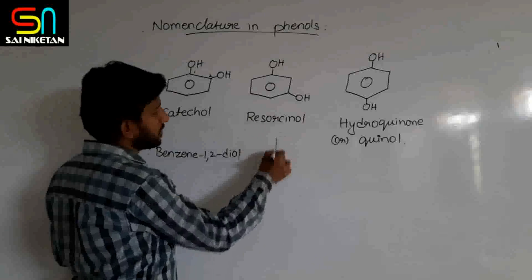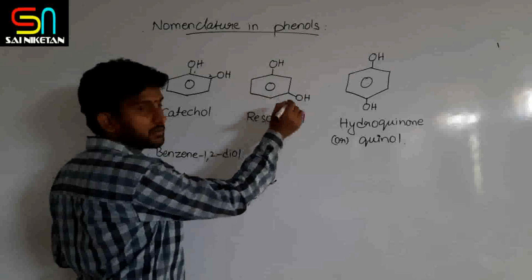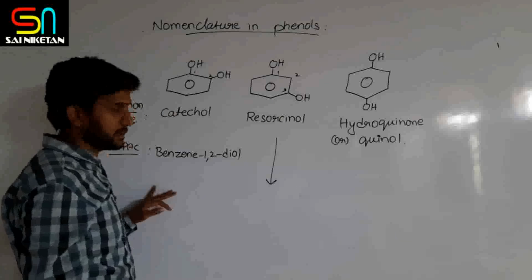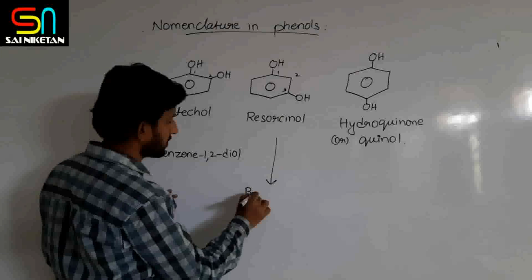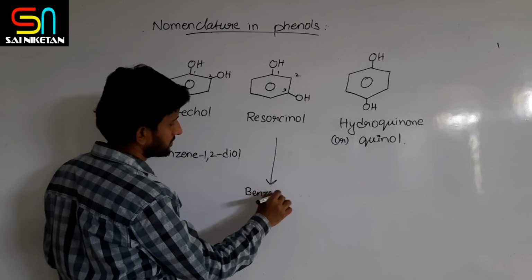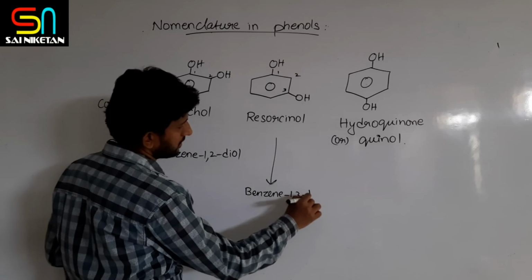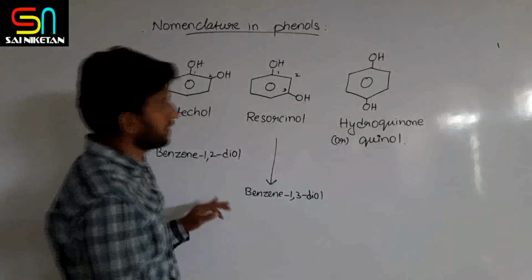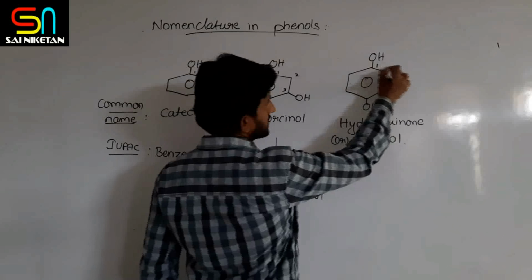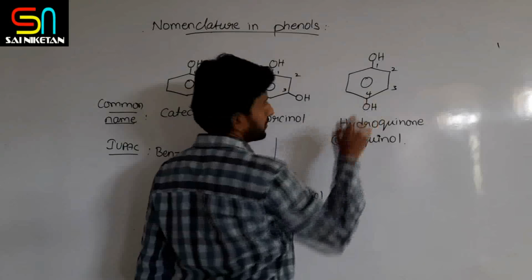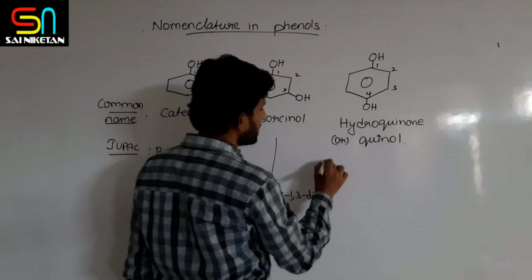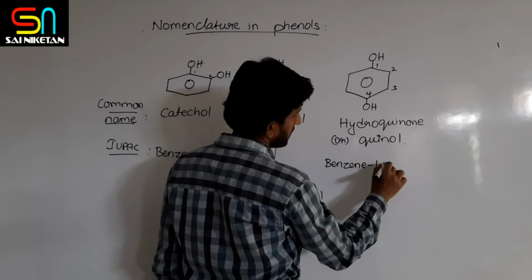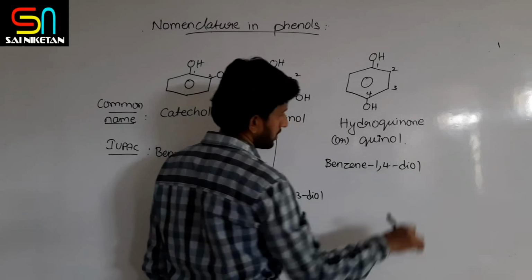Now what about this compound? Looking at its IUPAC name, this is 1, 2, 3, first and third position, so it is benzene-1,3-diol. For this compound, it is 1, 2, 3, fourth position, so the IUPAC name is benzene-1,4-diol.